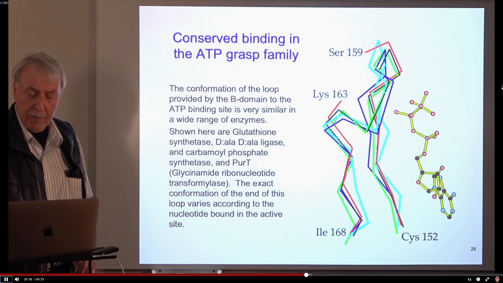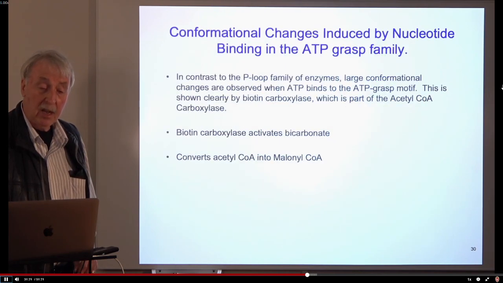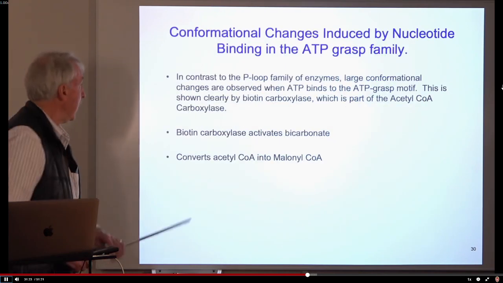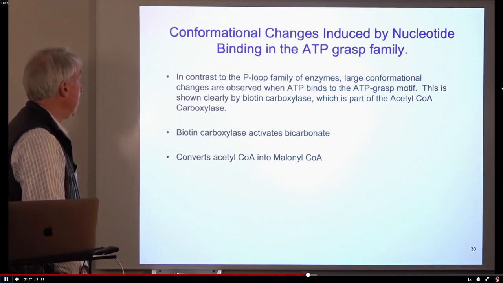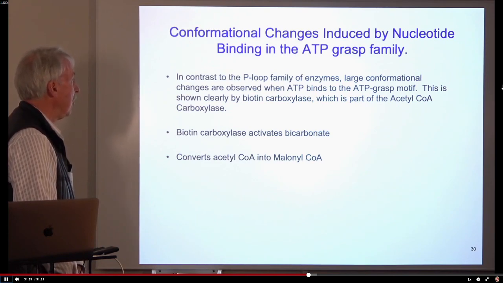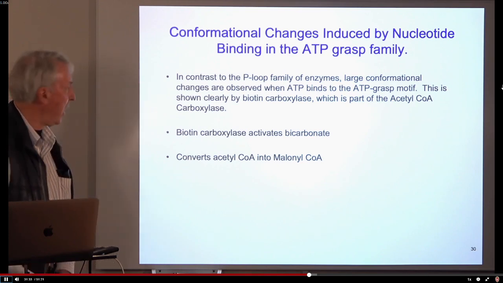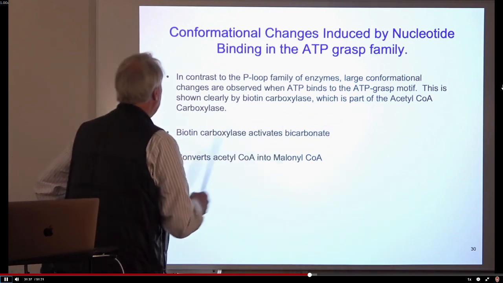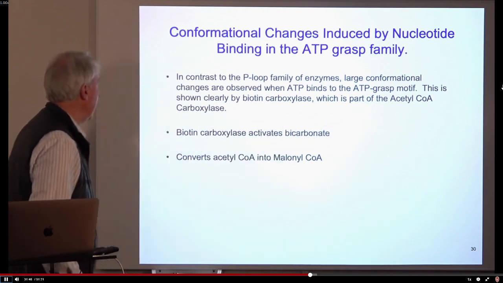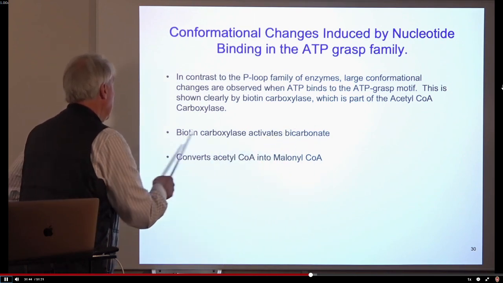Now, as opposed to the P-loop proteins that generally don't undergo a large conformational change in their catalytic activity, in the ATP grasp enzymes there tends to be a very large conformational change associated with the catalytic cycle. So if we look at biotin carboxylase, which is part of the acetyl-CoA carboxylase enzyme, it serves to activate bicarbonate using biotin.